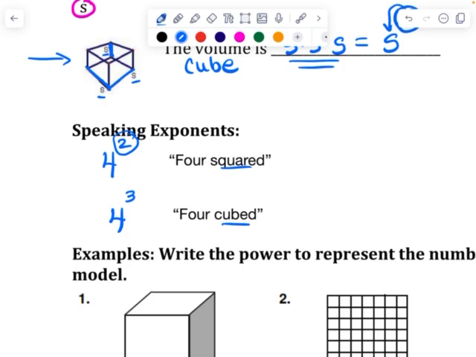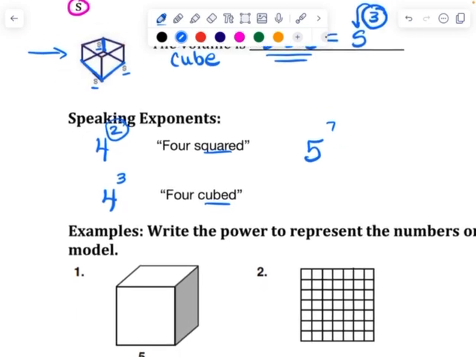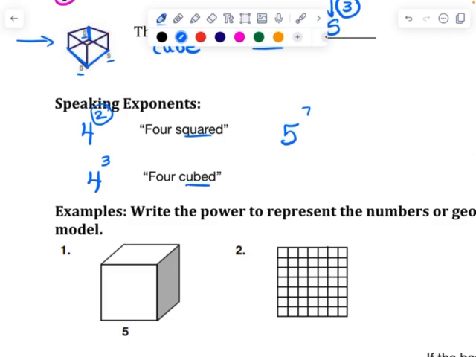I can say it also as 4 cubed. Everything else we would say to the power. So if I had, let's say, 5 with an exponent of 7, I would say 5 to the 7th power, or 5 to the power of 7. So 2 different ways to say exponents when they're above the exponent of 3.